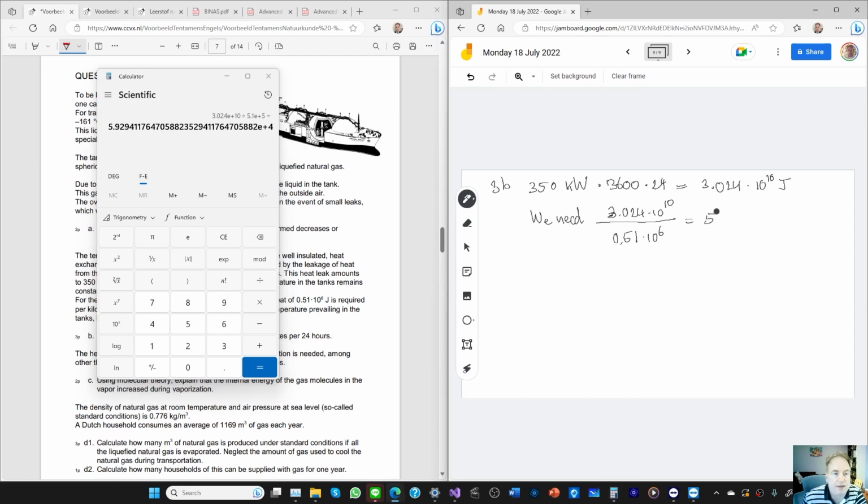That is 5.929, and let's just for now keep 3 significant digits, times 10 to the power 4 kilogram.